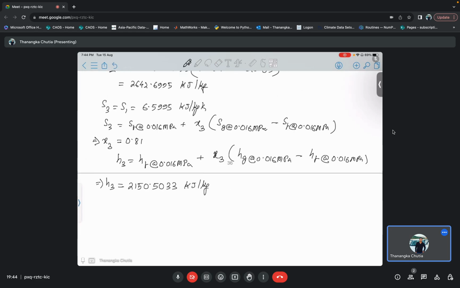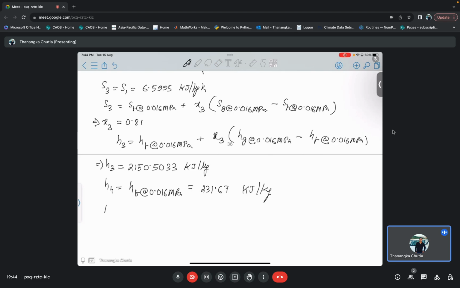And then h4 is nothing but hf at 0.016 megapascal, which is 231.67 kilojoule per kg.